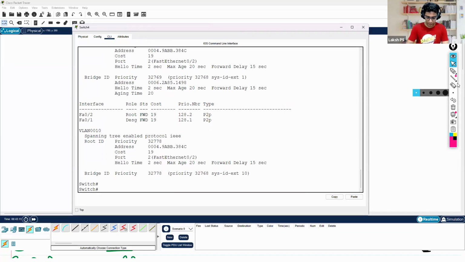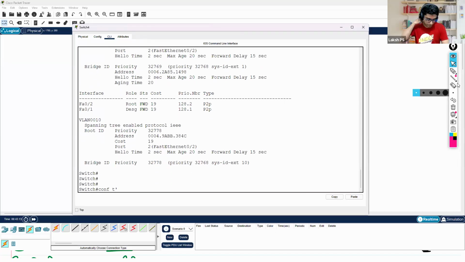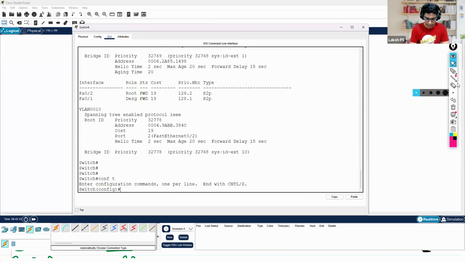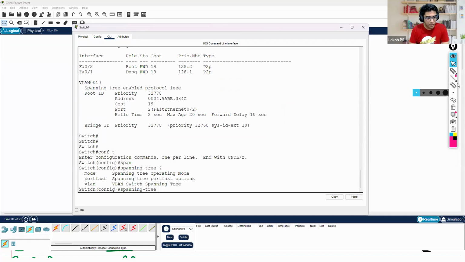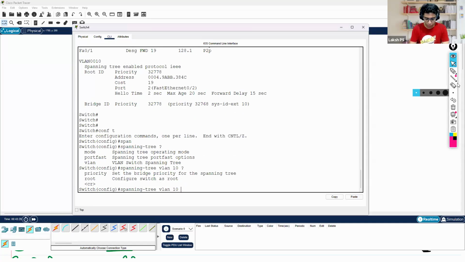So over here, let's say configure terminal. What's the command? spanning-tree vlan 10 root.